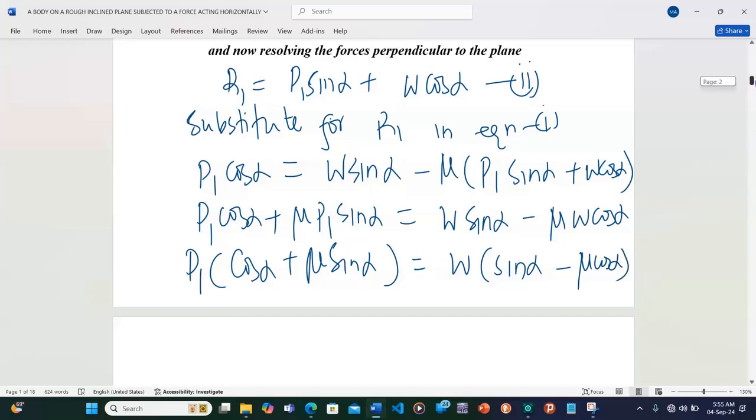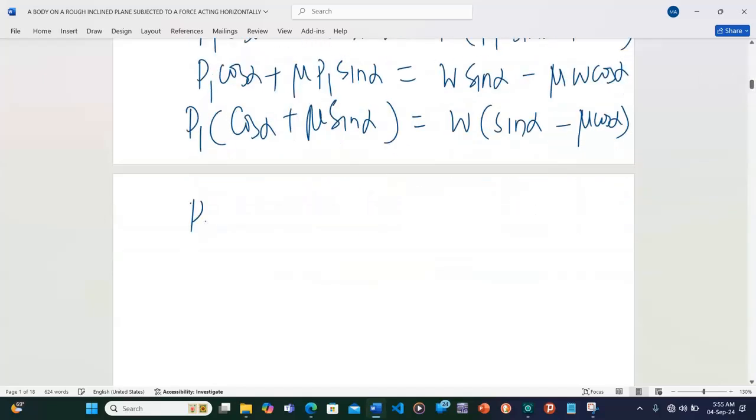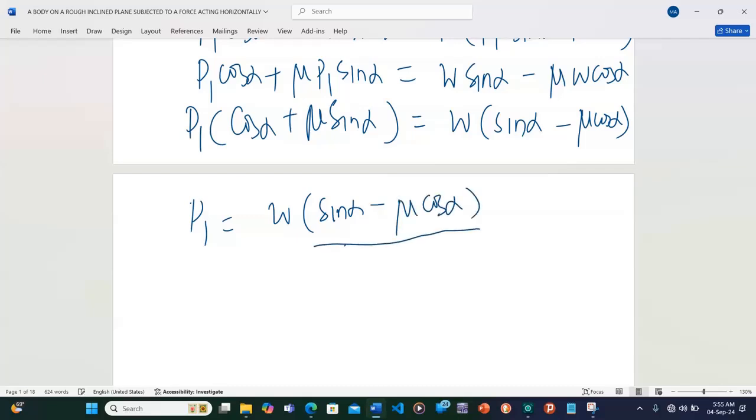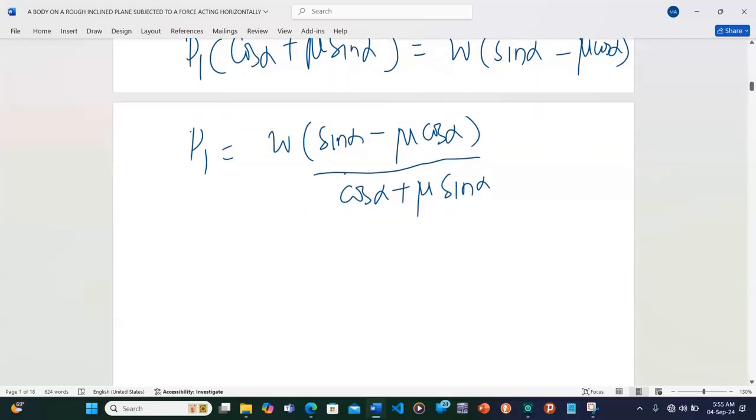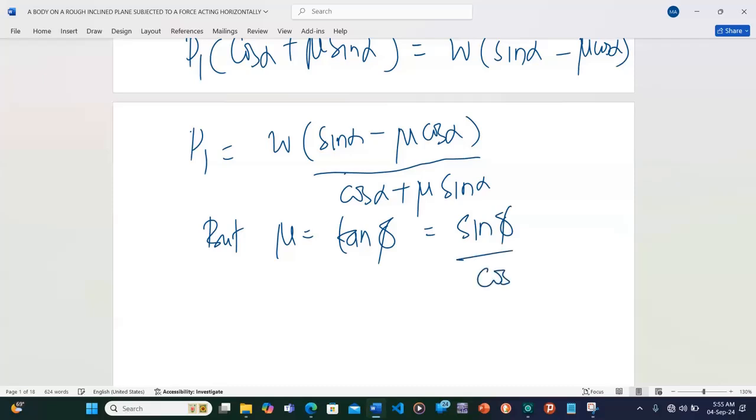So I can divide both sides to get P1, and therefore this will be W into sine alpha minus nu cos alpha divided by cos alpha plus nu sine alpha. So what I'm going to do, I'm going to say, but nu is equal to tan phi, which is the same as sin phi divided by cos phi.